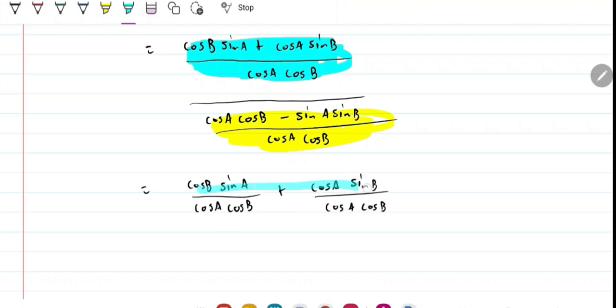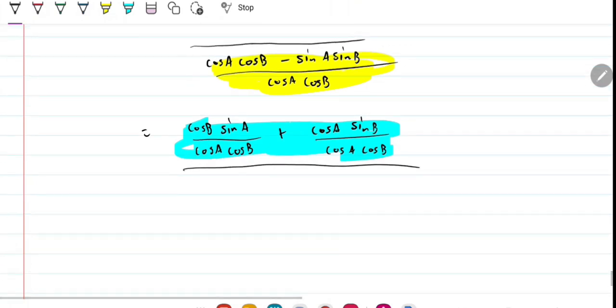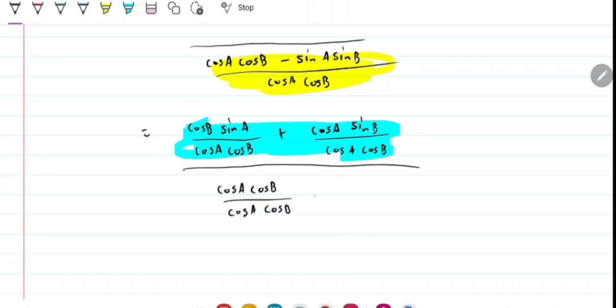All right, this whole thing here was the top. And for the denominator, I have the cos A, cos B over cos A, cos B minus sine A, sine B over cos A, cos B. Right?